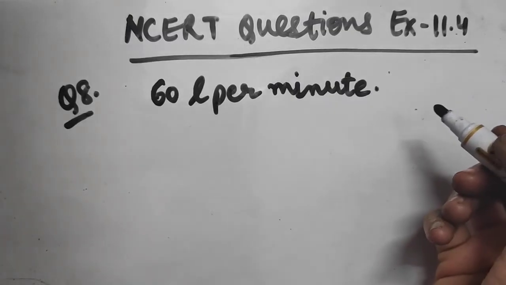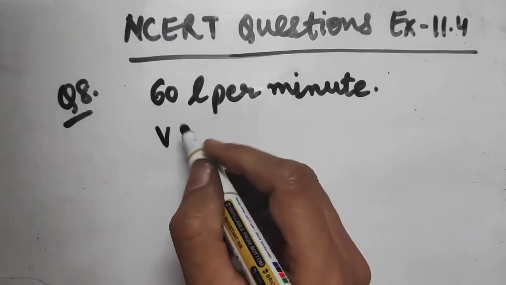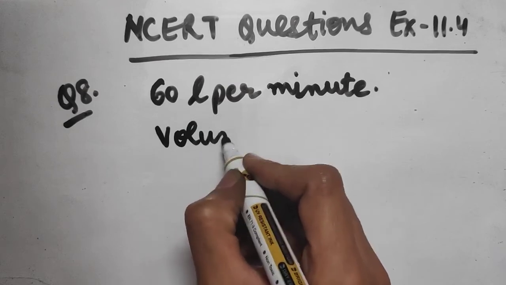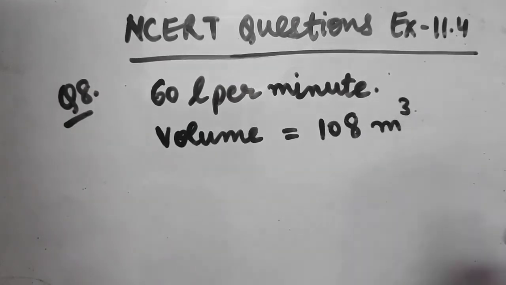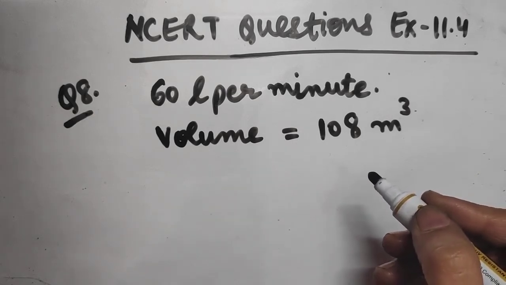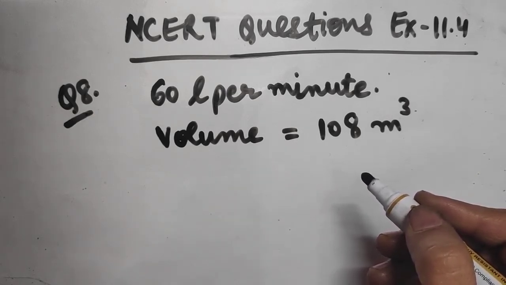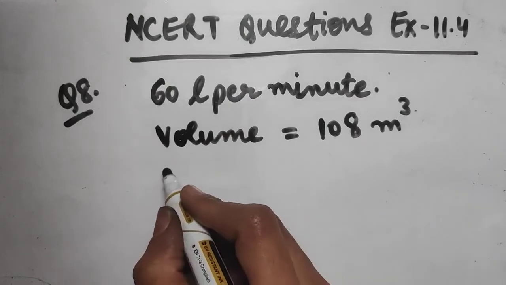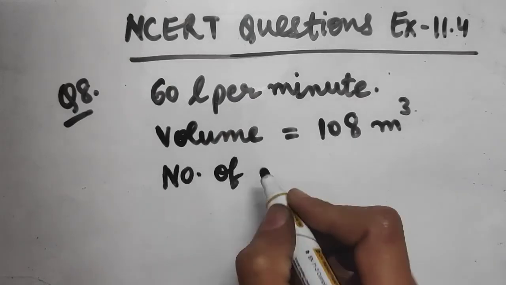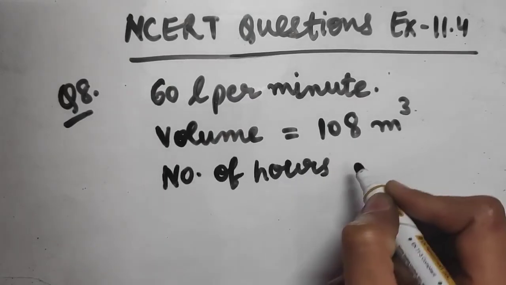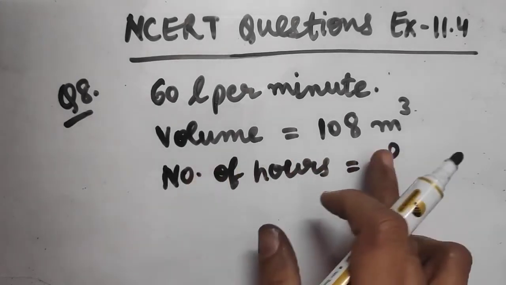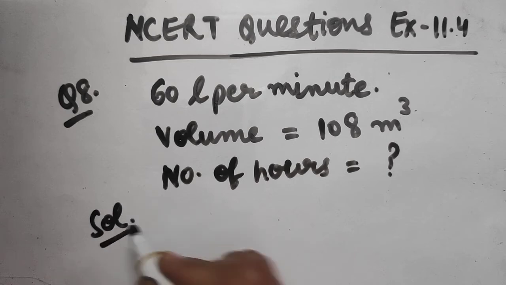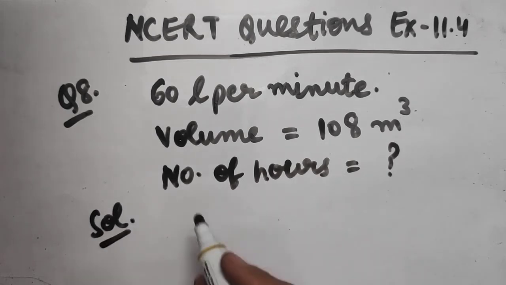If the volume of the reservoir is 108 meters cube, volume is given to us as 108 meters cube, find the number of hours it will take to fill the reservoir. We are supposed to find the number of hours, or the time taken to fill the reservoir.